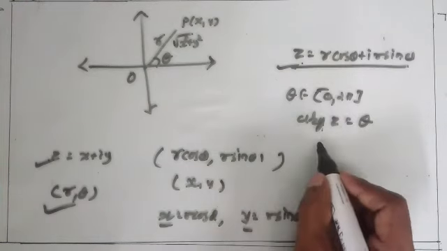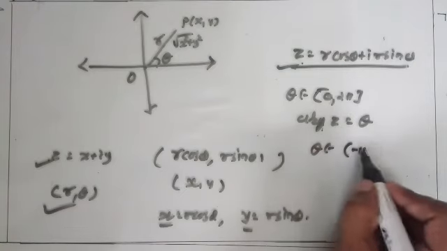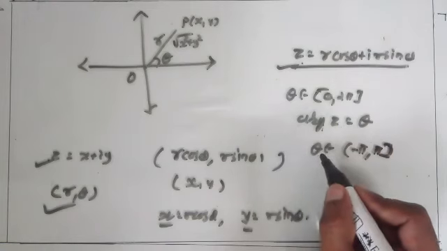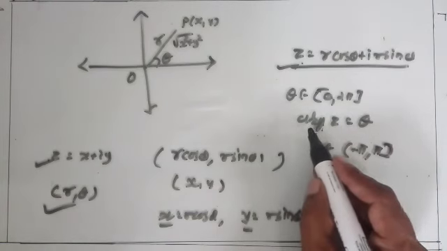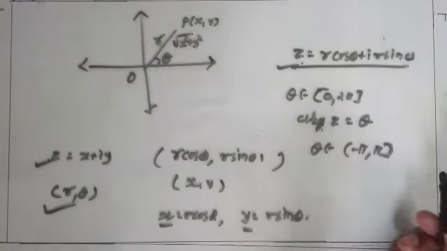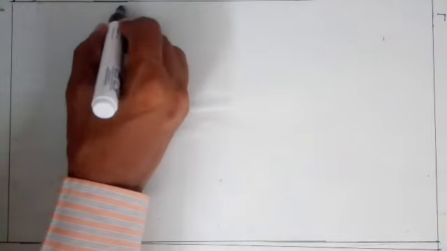If we take theta belongs to minus pi to pi, then this argument is called the principal argument of z. Clear?